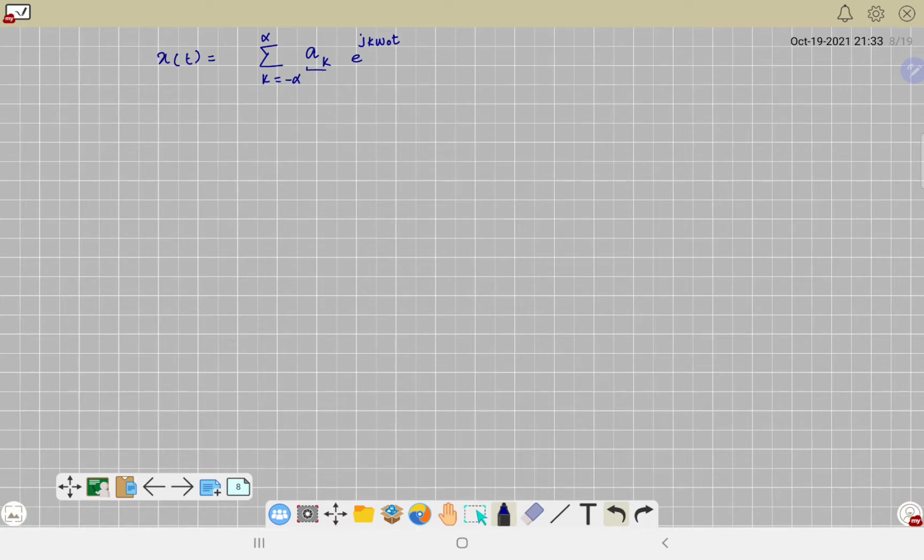Now we need some method to evaluate this coefficient. When you go for Fourier series representation, the first method is you will have a signal and you will try to represent this signal as this summation, and then expand the summation and come up with the values of the coefficients.